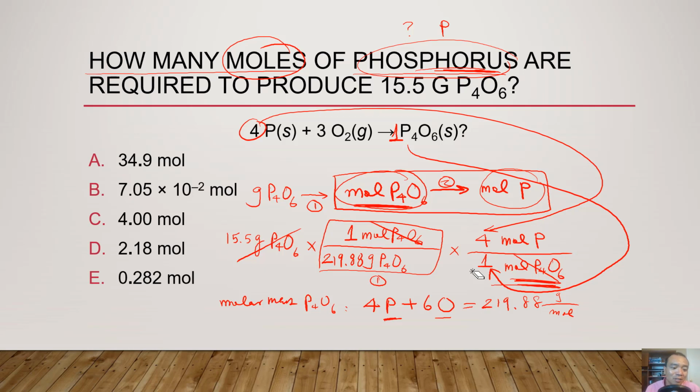Okay, so let's do the calculation. After the calculation, we have 0.282 mole of phosphorus. So for this reason, E is the correct answer. All right. Okay, let's quickly summarize this one more time.